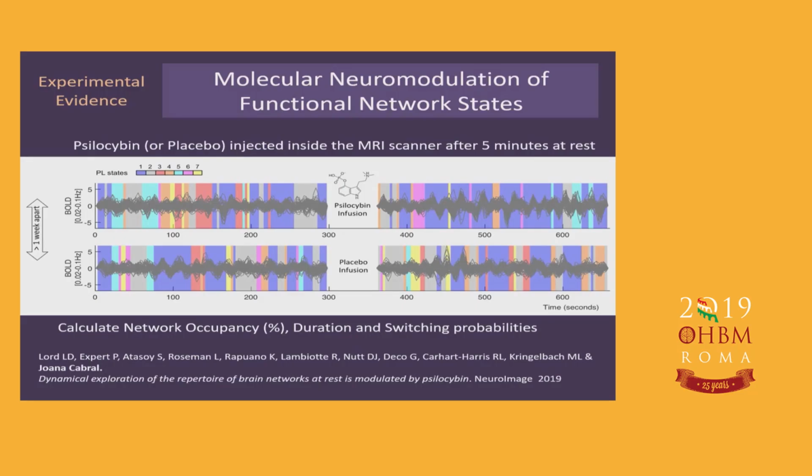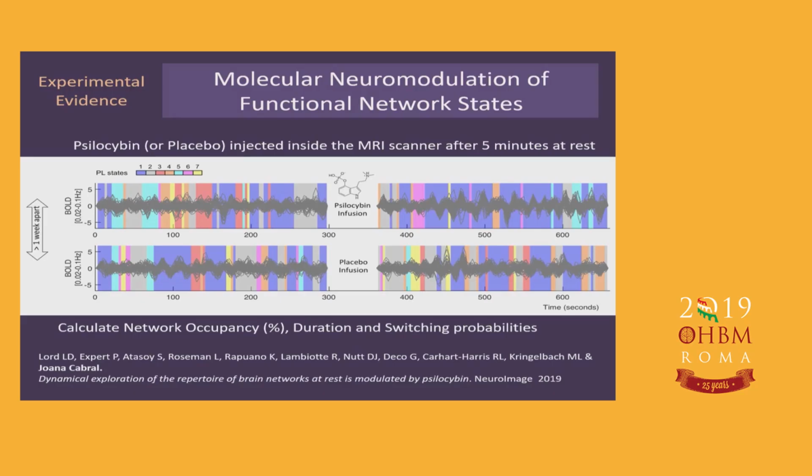I just look at this from a very objective perspective, where you have a resting state scan. This is an fMRI session, and then inside the scanner the participants are injected with the purified version, psilocybin, the active psychoactive ingredient, and we continue recording the fMRI signal.